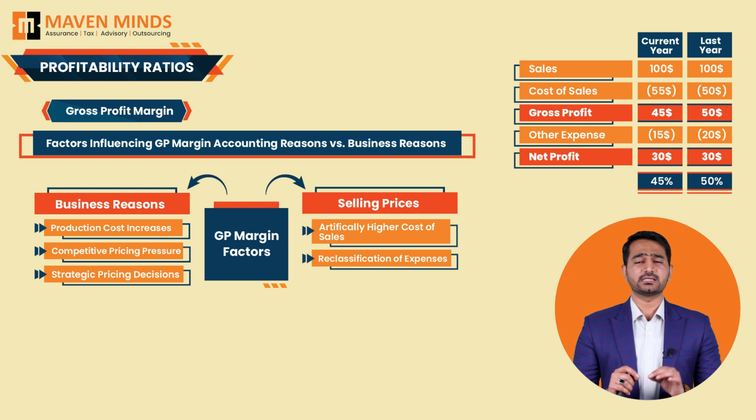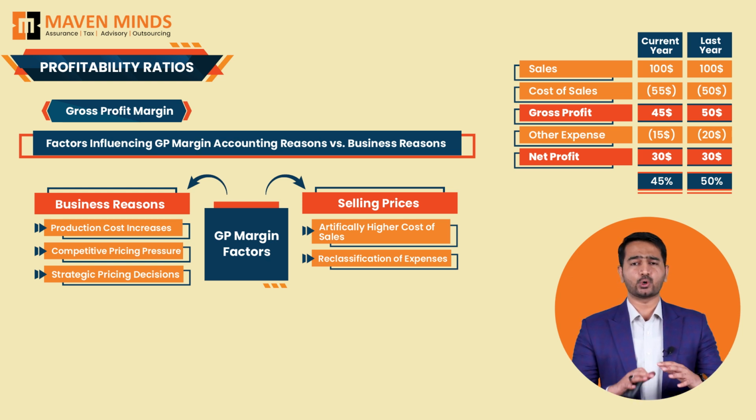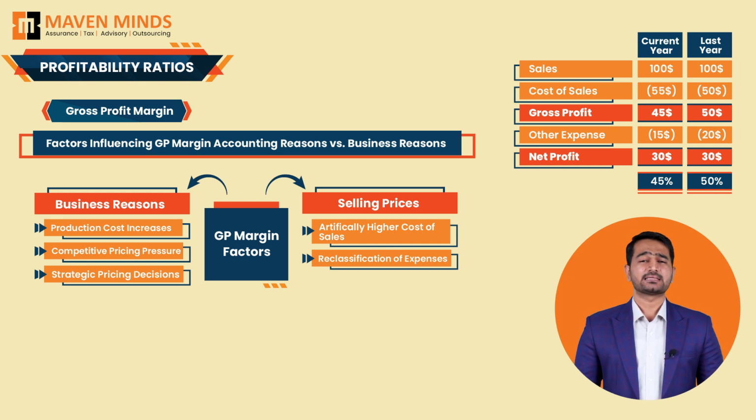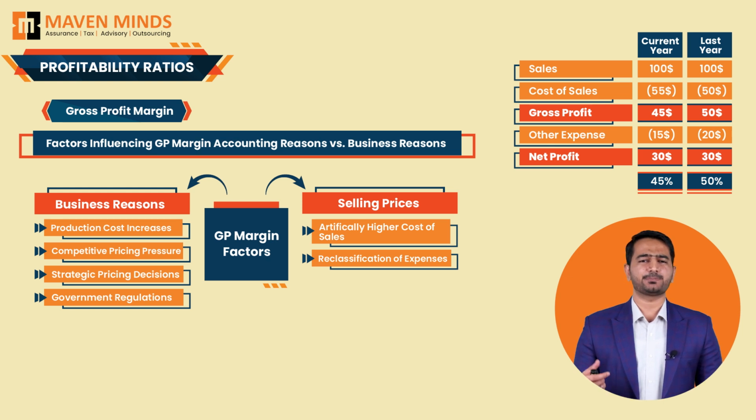This approach can be risky, but may lead to increased overall profitability through higher volumes. Also, some industries are regulated by government. For example, if government controls the prices, this can prevent companies from charging higher prices, directly impacting their gross profit margin.